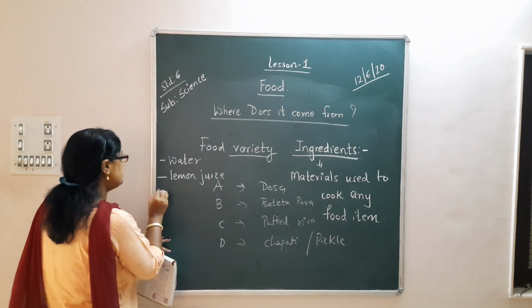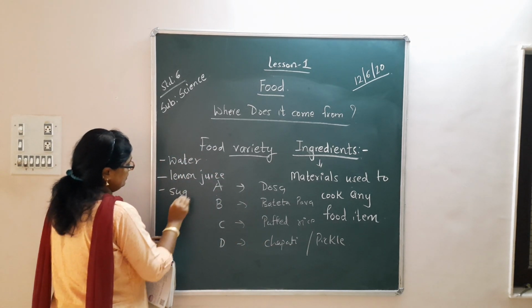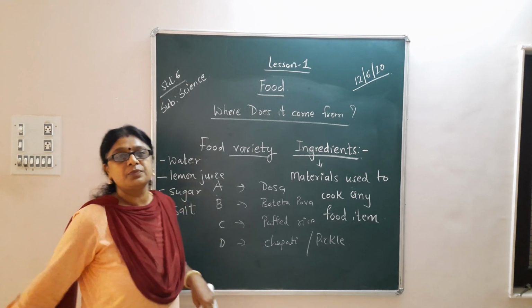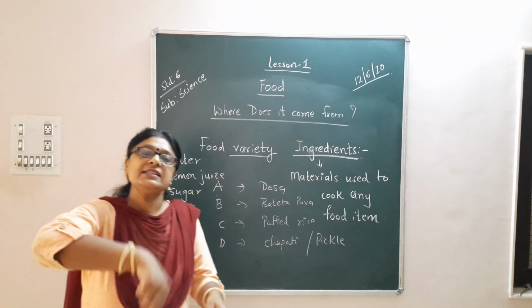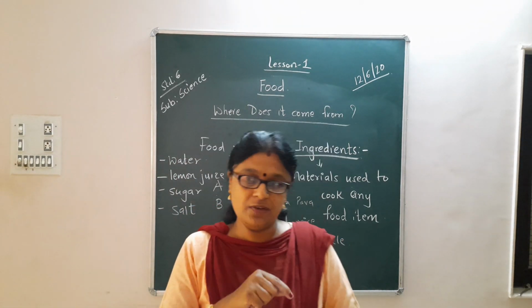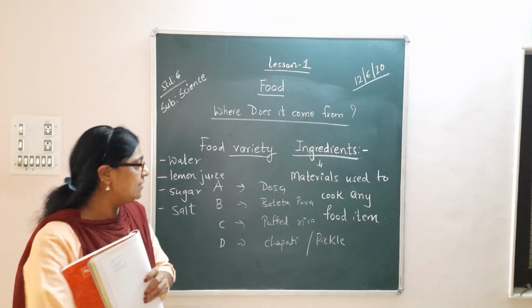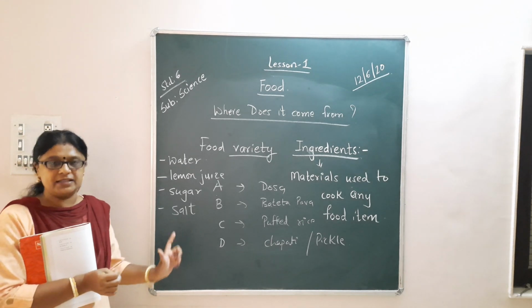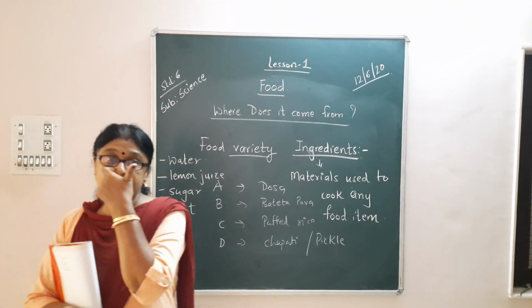Then I put sugar and then I put salt. Okay, and then I will stir it till the sugar and salt get dissolved in water. I will stir it, and then finally my lemon juice is ready. The limbu sharbat is ready.